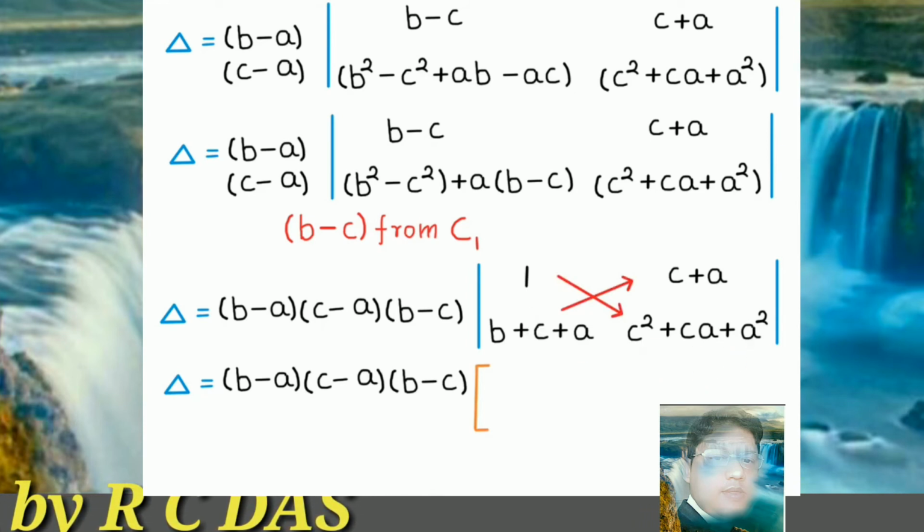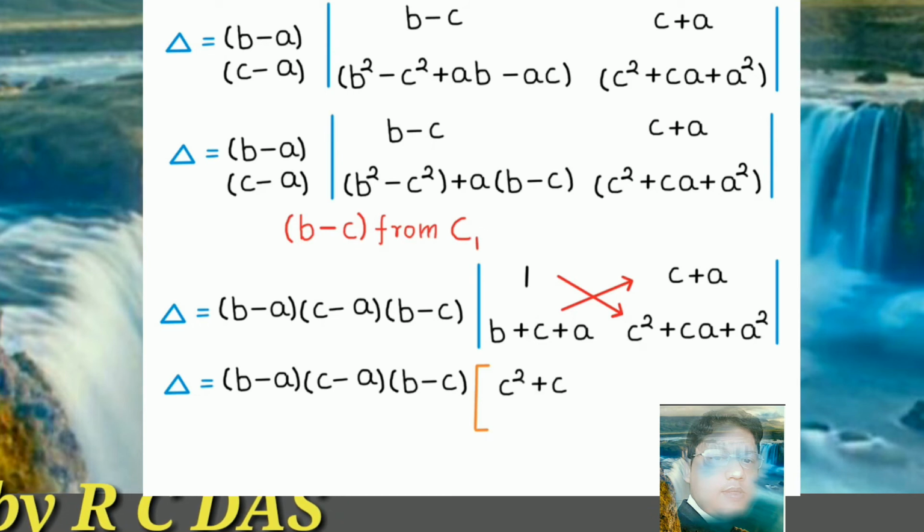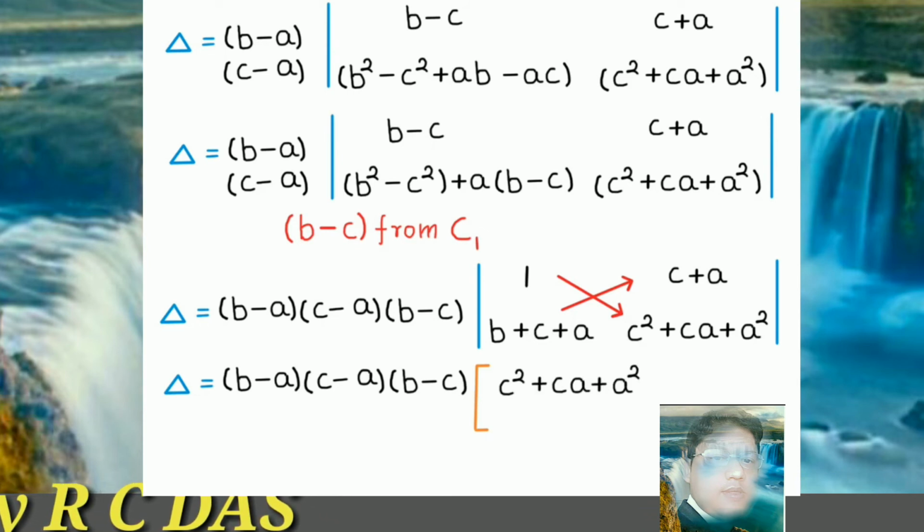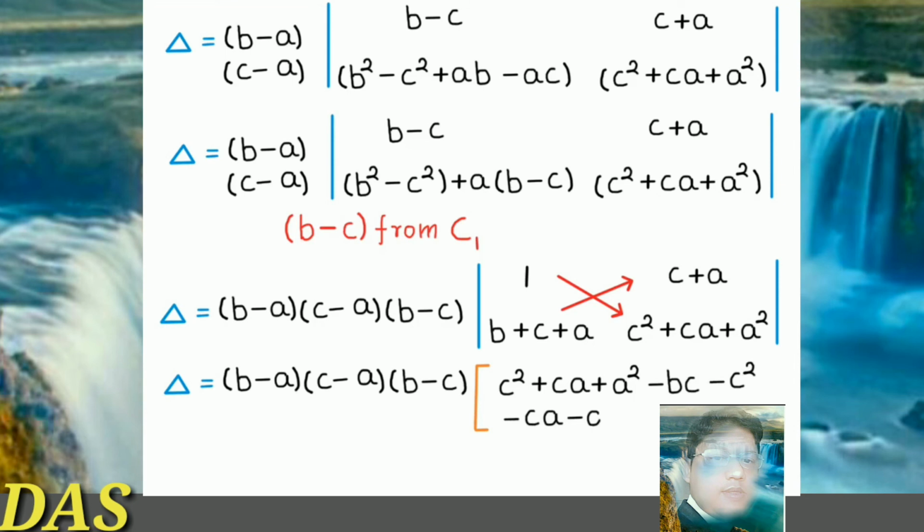So my students, if I expand for c1, then I will get c square plus ca plus a square, and the remaining portions when I multiply, then I get minus bc minus c square minus ca minus ab minus ca minus a square.